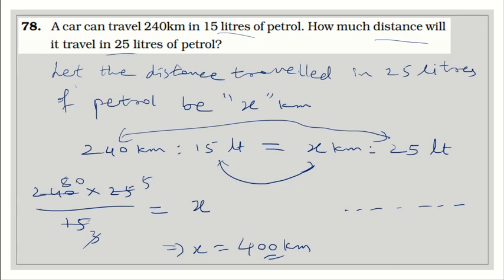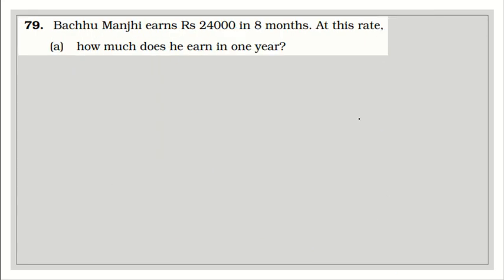Okay, moving on to question number 79. Bachhu Manjhi earns 24,000 in 8 months. At this rate, how much does she earn in 1 year? See children, it is the unitary method.